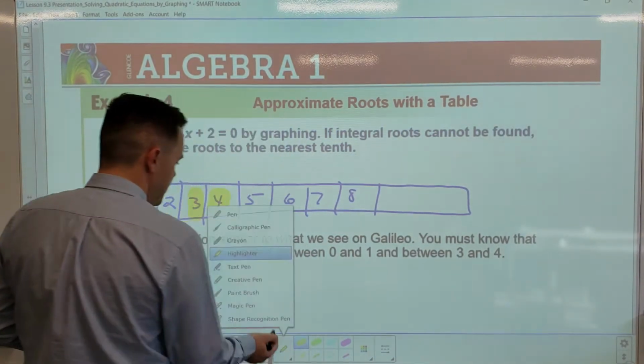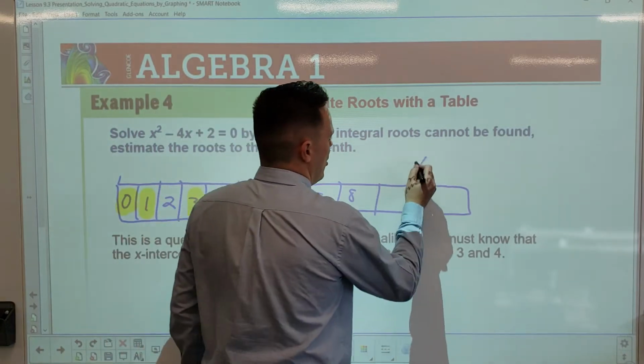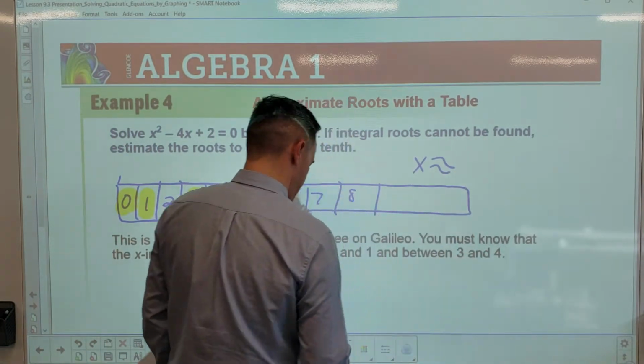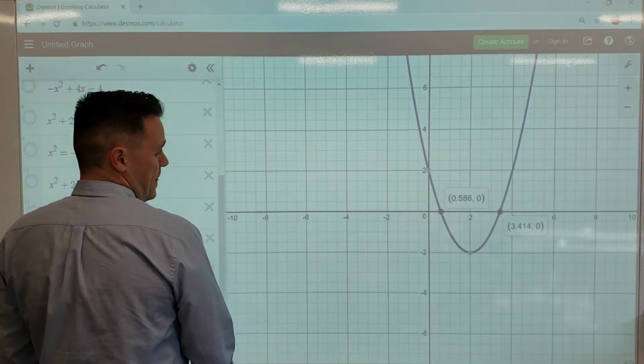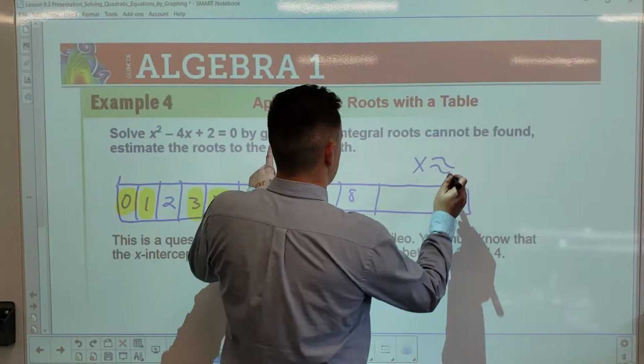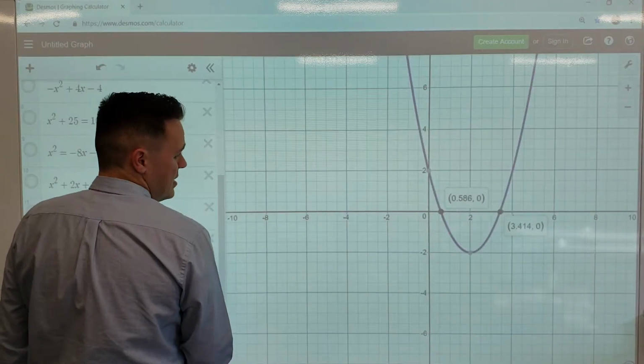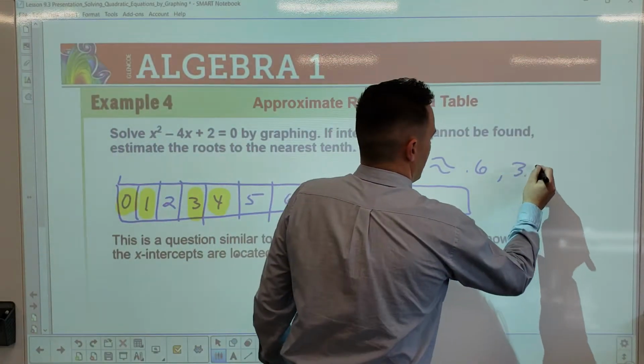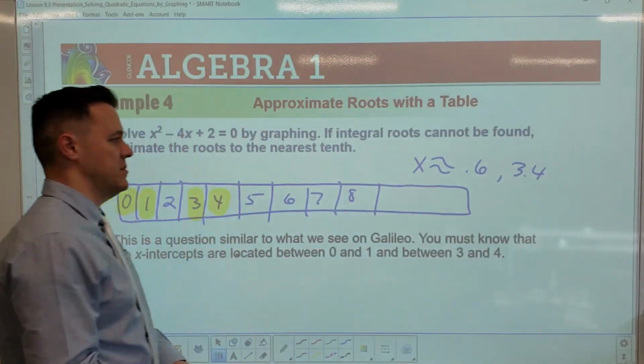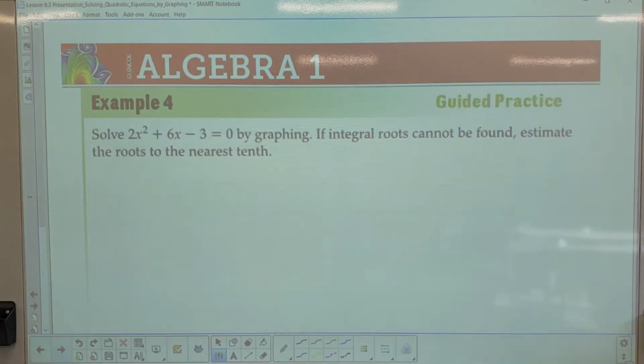But for today, just know that x is approximately 0.586, goes to the nearest tenth. So it's 0.6 and 3.4. Those are approximations. All right, ladies and gentlemen, graph this real quick. Go from there.